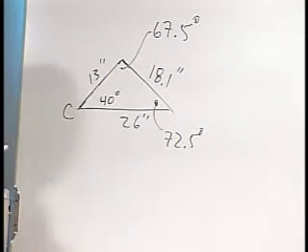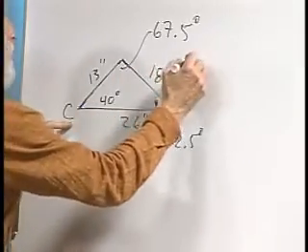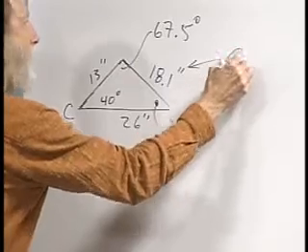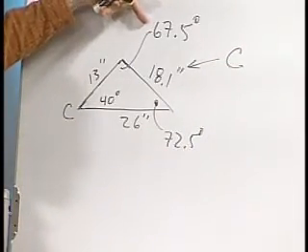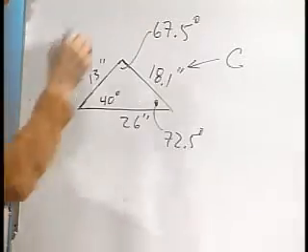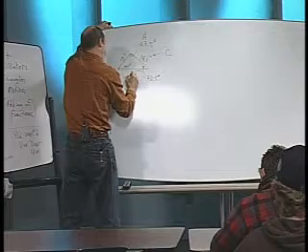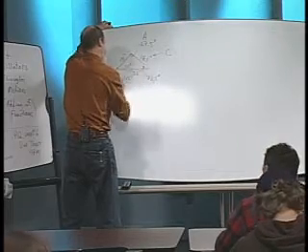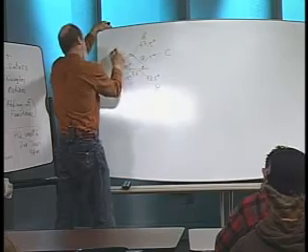Since we labeled this angle C over here, that means this length right here is going to be capital C. And what did we label previously this angle in your notes? A. So this was angle A, and that means this side down here would be little a. Then this would have to be angle B, and this would be side b over here.